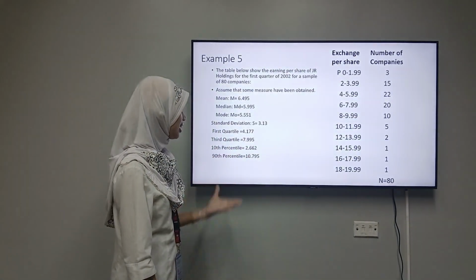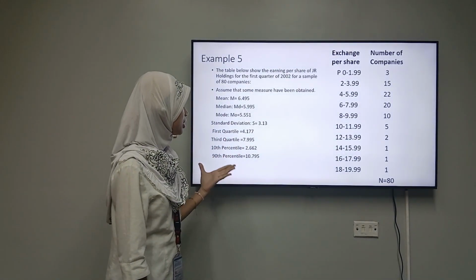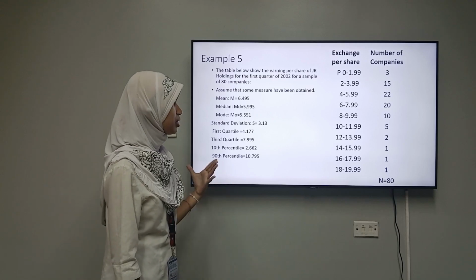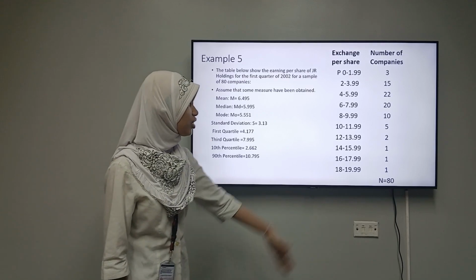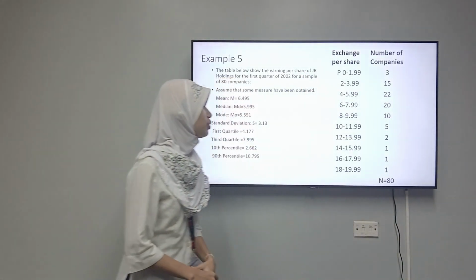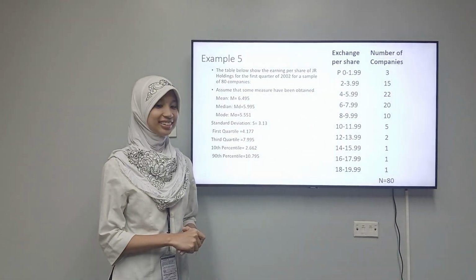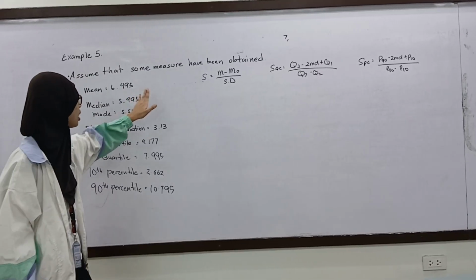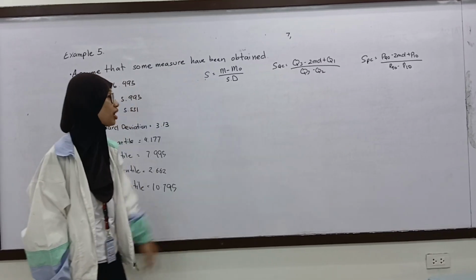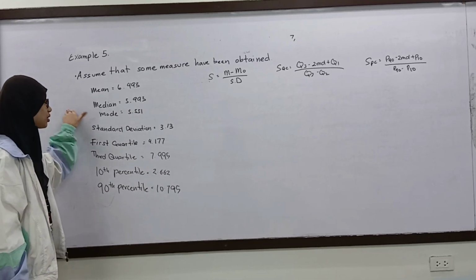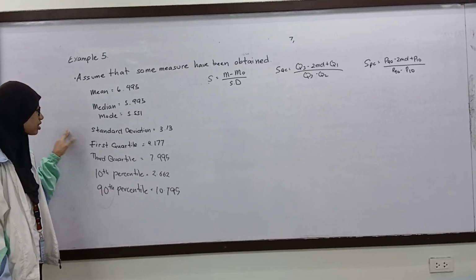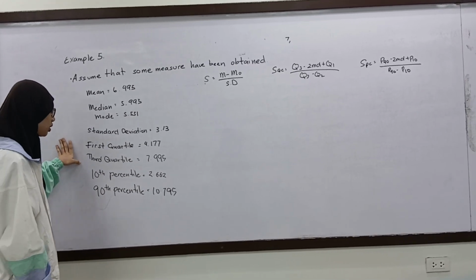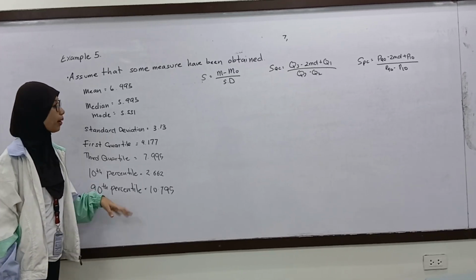The first quartile, third quartile, 10th percentile, and 90th percentile are already given. So this is the data, and we're going to solve this.